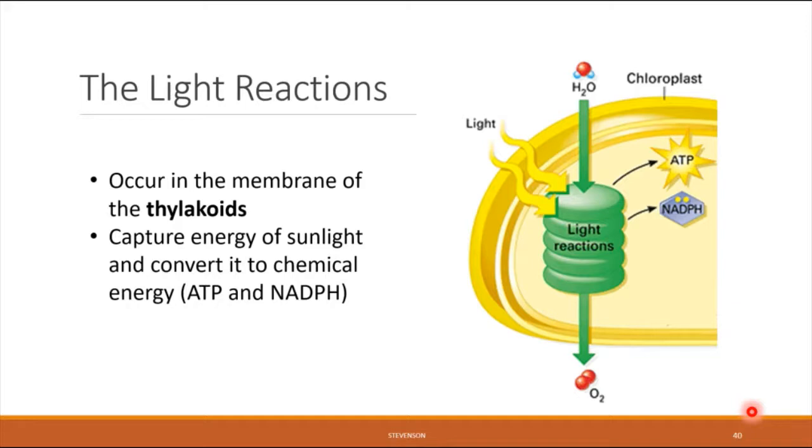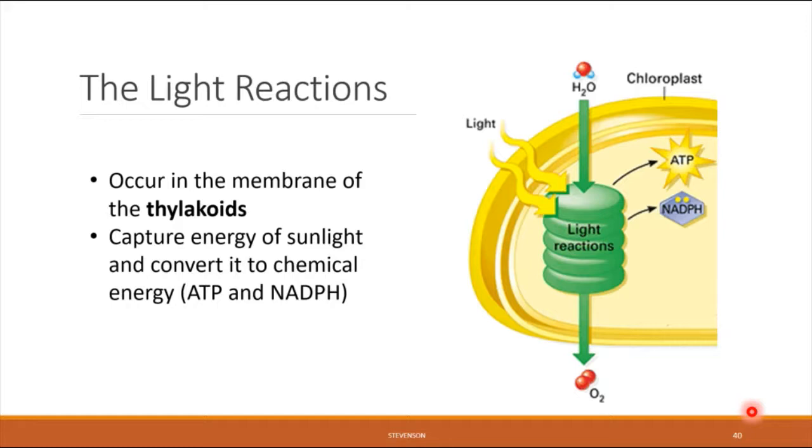If NADPH sounds familiar, that's because we saw a very, very similar molecule in cellular respiration called NADH, which was, as I said, an even more temporary chemical energy form than ATP. The only difference between NADPH and NADH is that the NADPH has one additional phosphate group, which is where the P comes from.